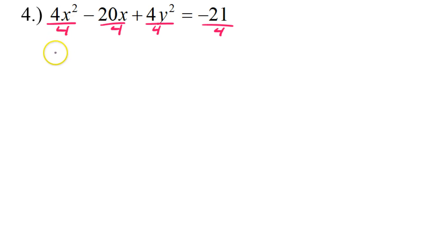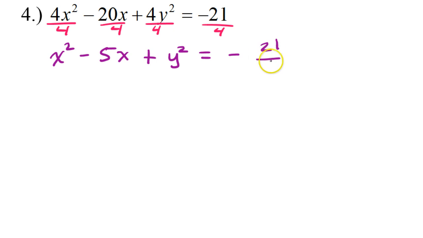So I'm going to have x squared minus 5x plus y squared is equal to negative 21 over 4. Okay, this is pretty ugly, but let's see what happens.